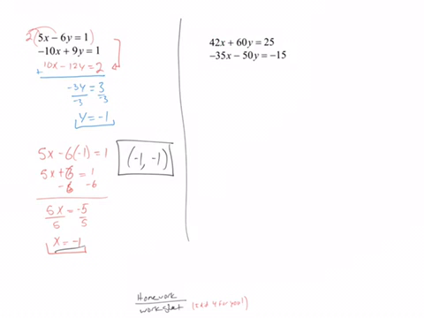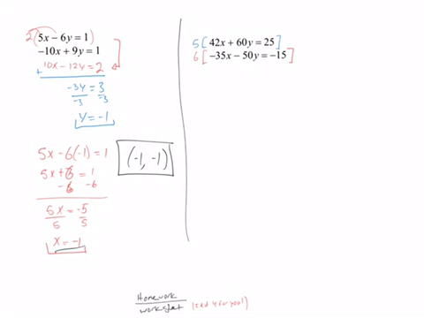So I'm going to multiply this bottom one by 6, and this top one I'm going to multiply by 5. Now I chose those numbers because 5 times 60 gives me 300, and 6 times 50 will also give me 300. This number is positive, that number is negative, so then I'd be able to eliminate my y's. So let's go ahead and try that here.